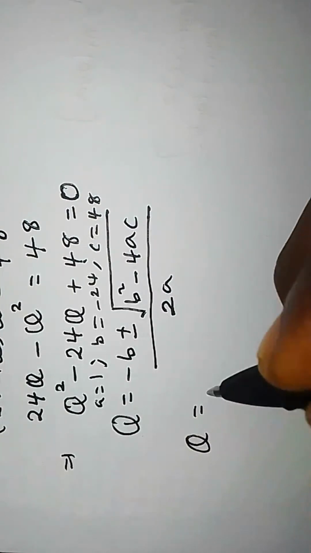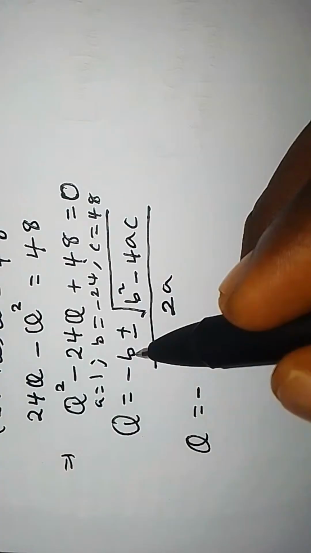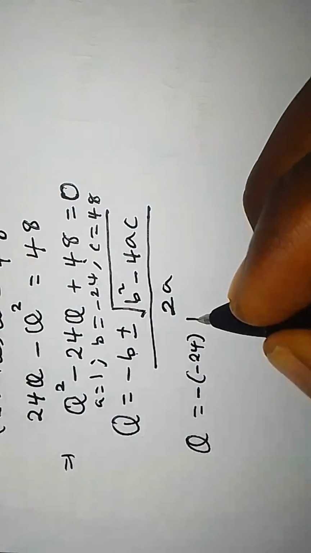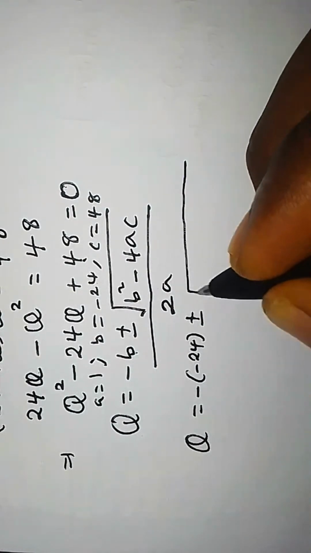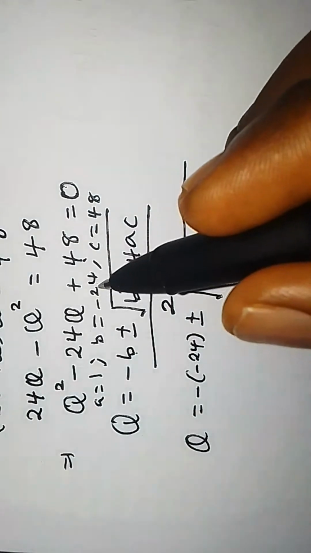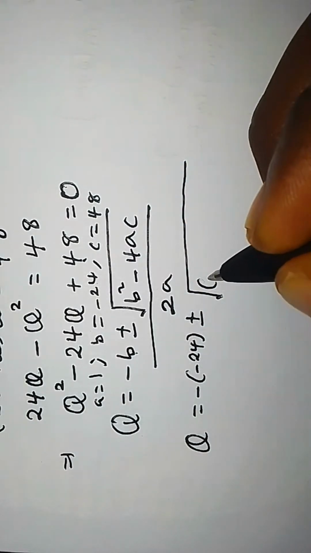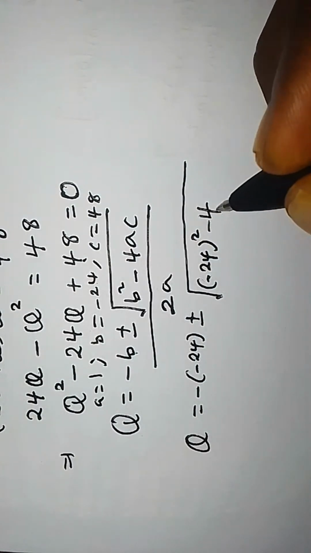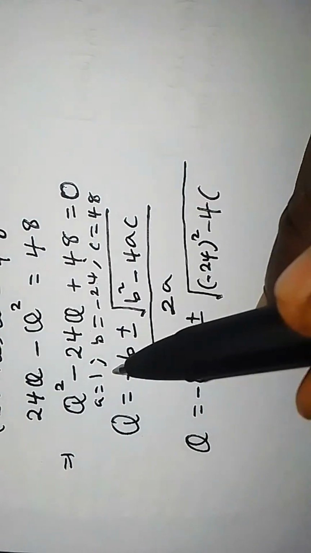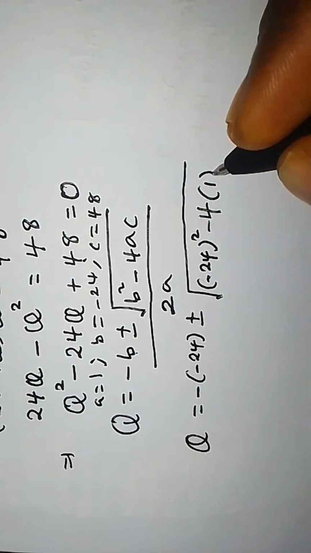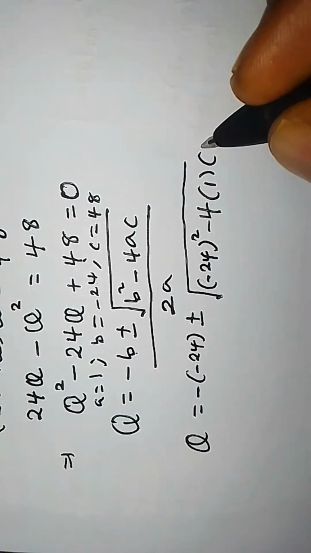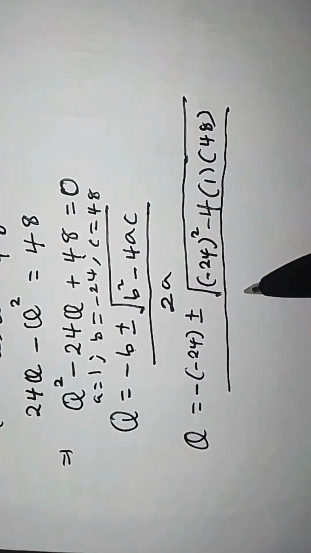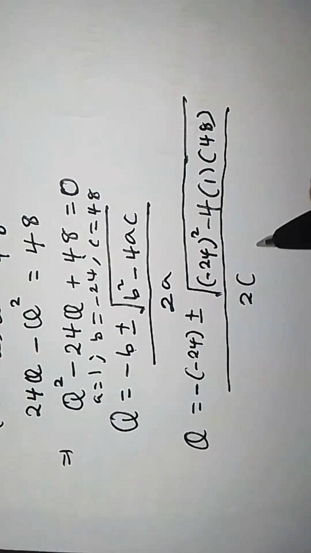So Q equal to minus, what is B? B is negative 24. Negative 24 plus or minus square root of B square. If you plug this value here, that will be negative 24 all squared minus 4 into A, which is 1, into C, which is 48. Everything is divided by 2 into A, which is 1.